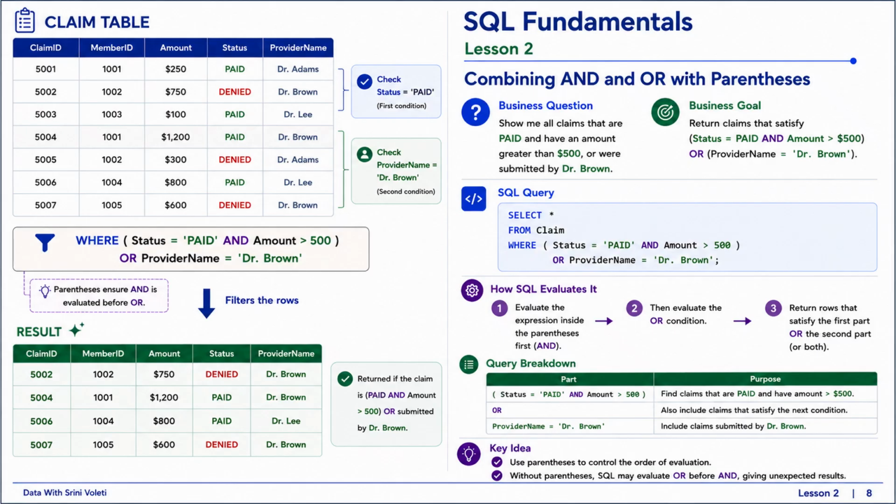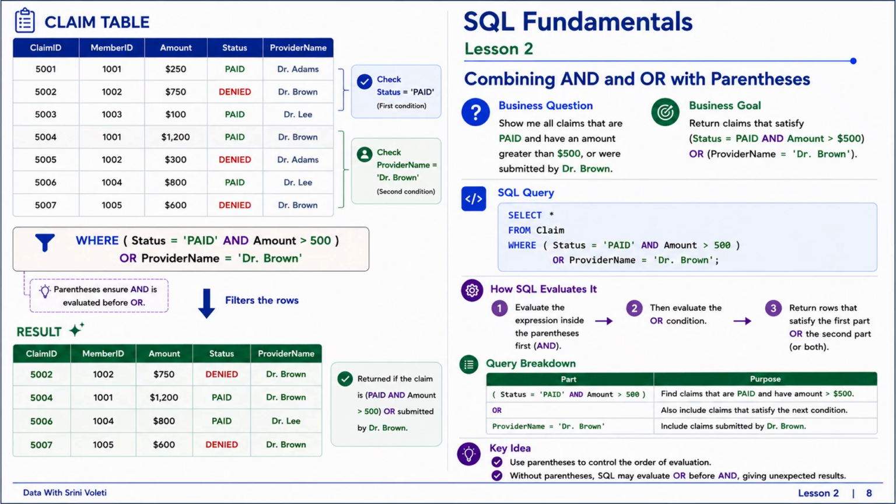Now, let's look at how SQL evaluates this query. Notice the three-step diagram. Step 1, SQL evaluates everything inside the parentheses first. In this case, it determines which rows satisfy the AND condition. Step 2, SQL evaluates the OR condition by checking whether the provider is Dr. Brown.